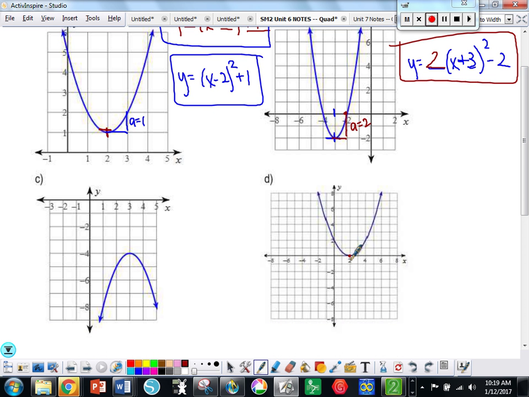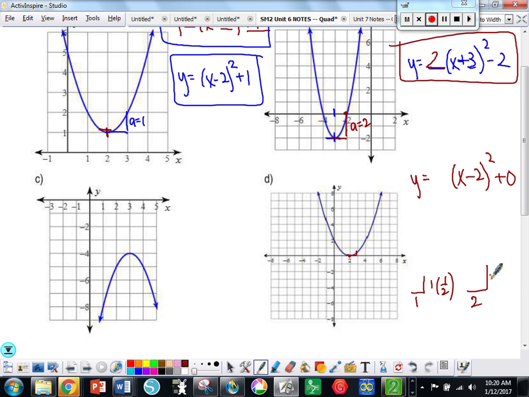The vertex is at 0, so y equals, it could be a stretch, times x minus 2 squared plus 0. And what's the stretch, or the compression? I went over 1, up how many? It looks like a half, right? So if the pattern was 1/2, that means I would have multiplied this by 1/2, right?